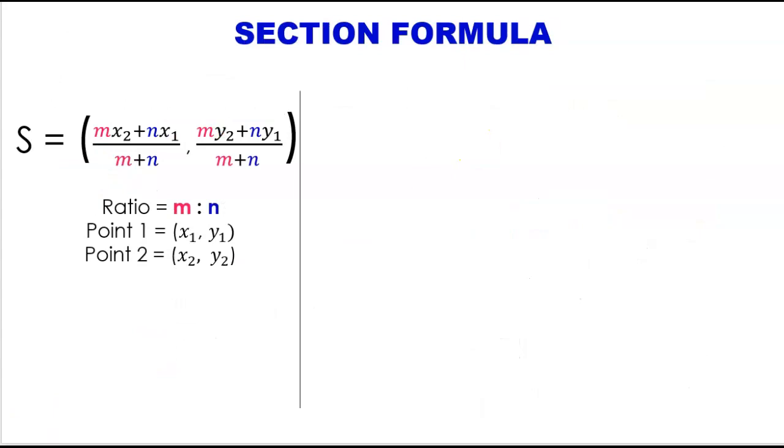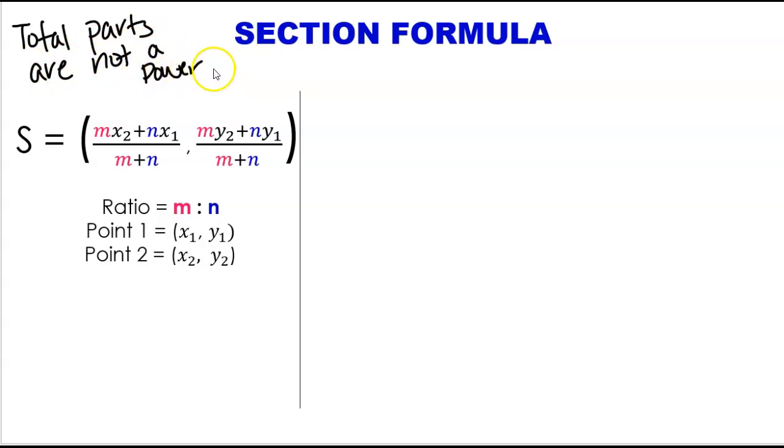Okay, so now we're talking about the section formula. These are for when our total parts are not a power of 2. So I'll write that down. The total parts are not a power of 2. This formula looks kind of crazy because there's a lot going on here.